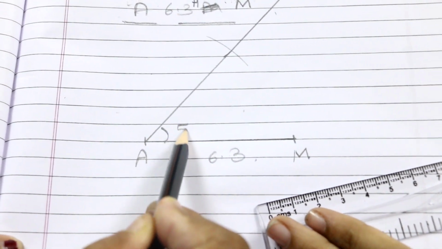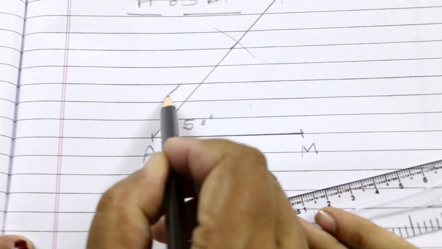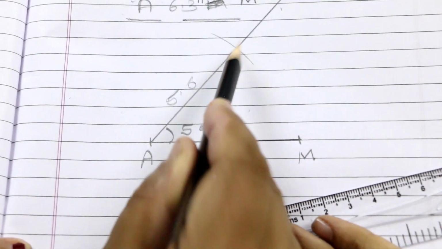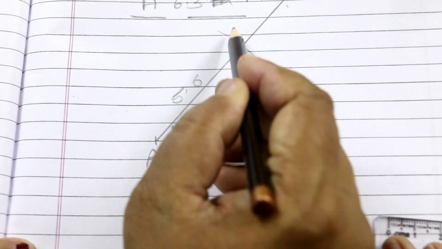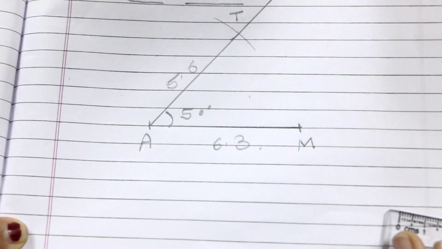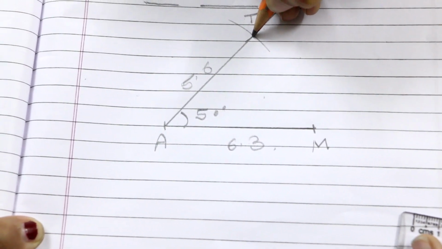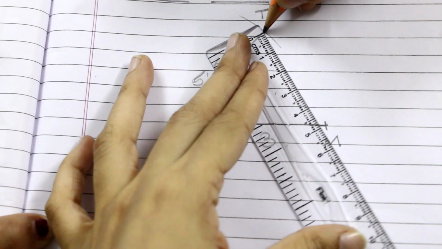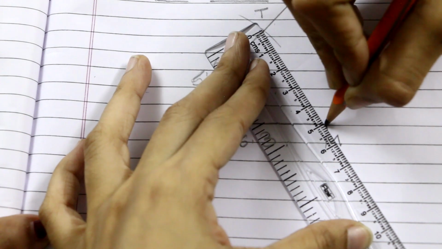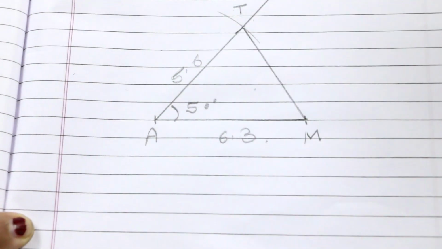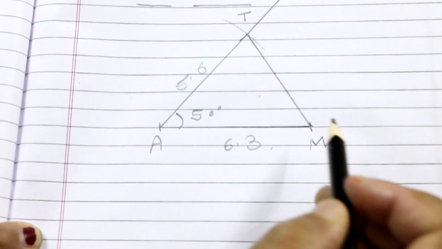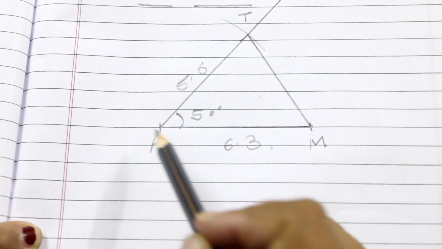This angle is 50 degree. This is 5.6. Now join this and point M. This will be your T point. Locate it first. Always press the pencil so that when you are drawing the line, you know which point you are. This is your required triangle AMT.